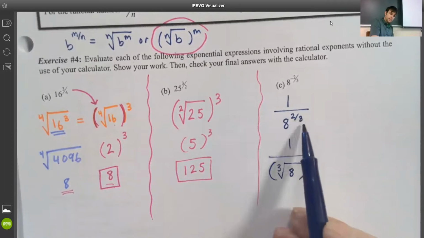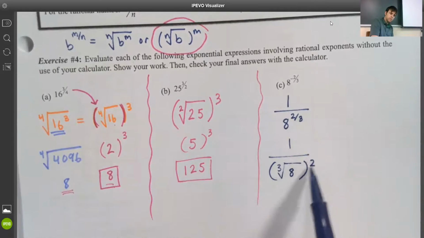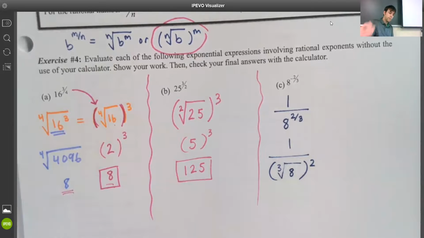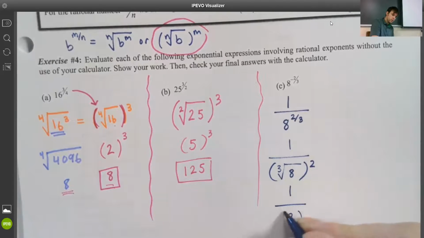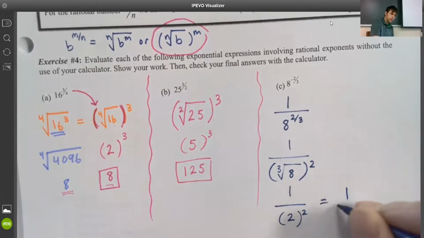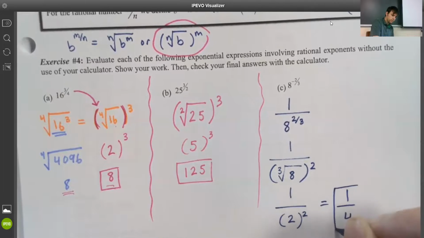Cube root, because that's the denominator of the fractional exponent, and squared because 2 is the numerator of our fractional exponent. And then we can start simplifying this. The cube root of 8 is 2, so this becomes 1 over 2 squared. 2 squared is 4, so we get 1 over 4.